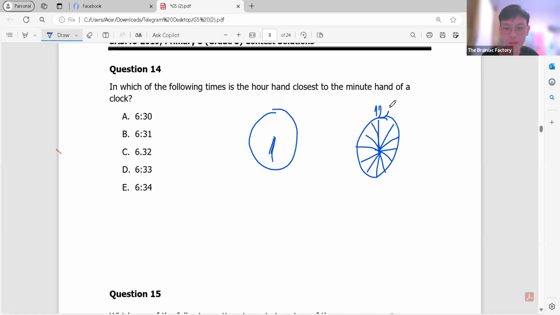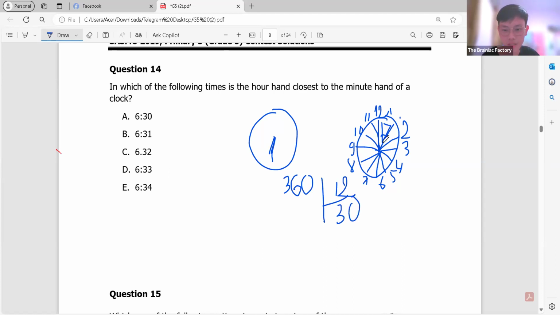Okay, so this is 12, 1, 2, 3, 4, 5, 6, 7, 8, 9, 10, and 11, which is a clock. We're having 12 spaces here, so the whole has a total of 360 degrees, but one space here we're having it divided by 12, which is 30 degrees for each.